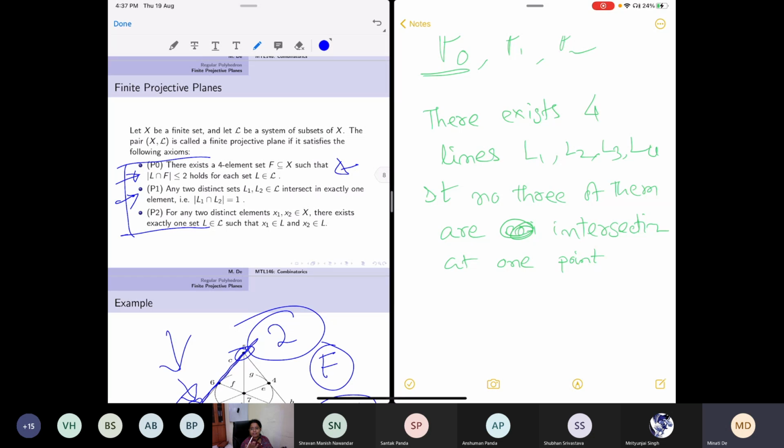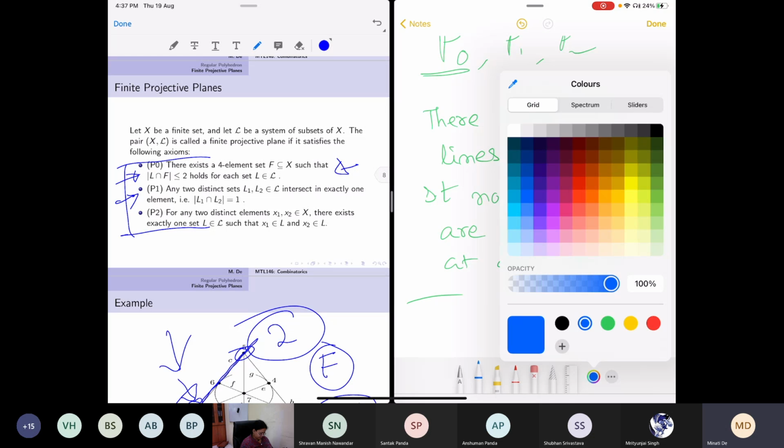And since no 3 of them are intersecting at a point, no 3 of these points are actually collinear, right? Okay, so how will you prove that this is true? How will you prove such a statement?